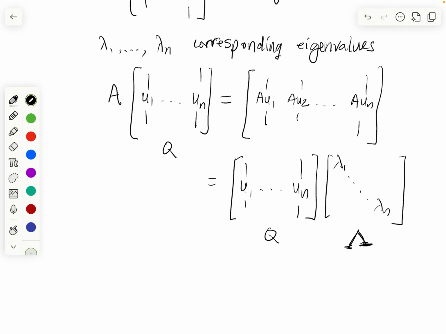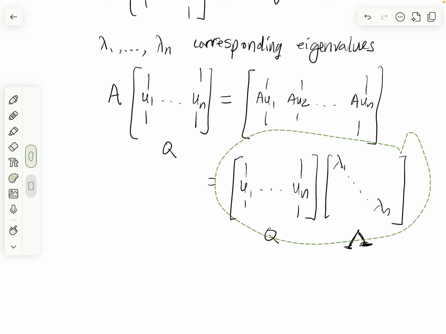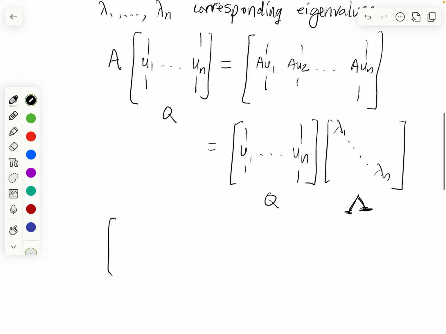Remember what you do when you multiply matrices like this. Here you're multiplying by each of the columns, and the first column is going to be lambda 1 times u1 plus 0. If you have a matrix like u1 through un and then a column with lambda 1 and a bunch of zeros, you take linear combinations of the columns.